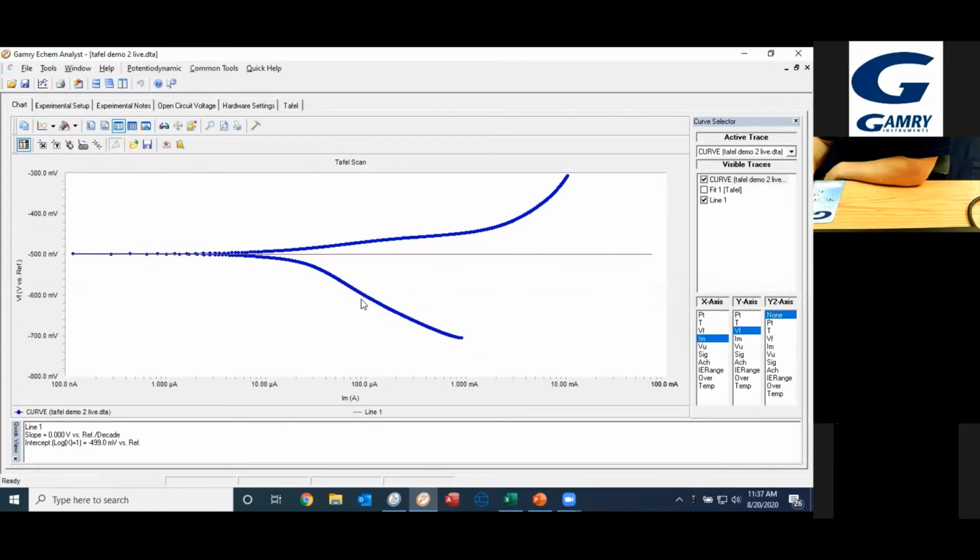Not so much where it's crossing over in here, but kind of using this as a more linear region as opposed to the curvature you can see forming right there. So let's draw this line. Like I said, I'm going to take it from about, we'll see how good that fit is. Actually, I'm going to redraw that line.